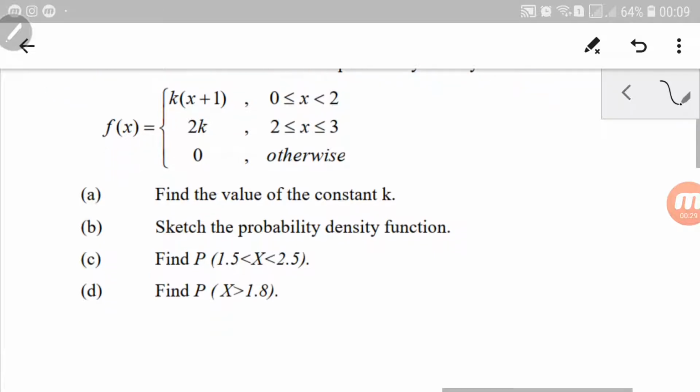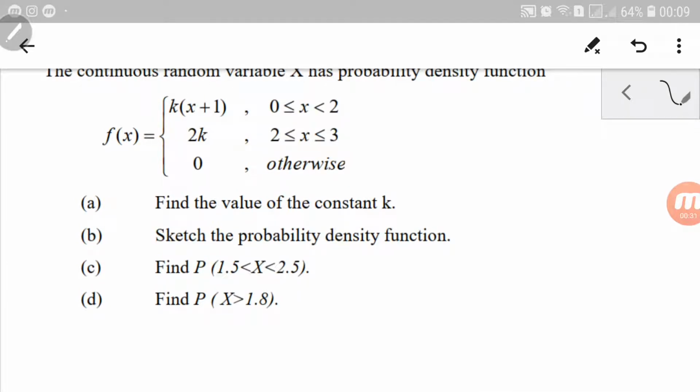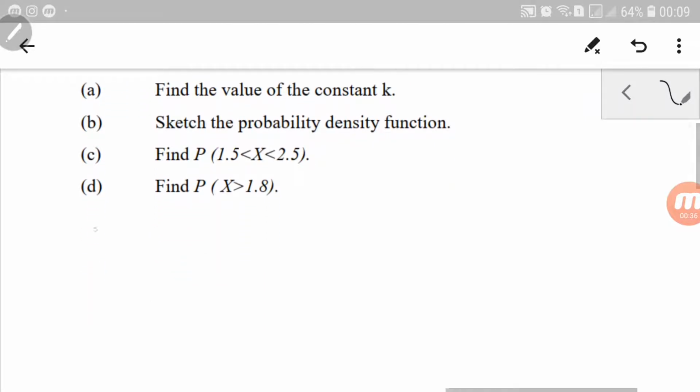Now, to find the value of constant k inside this piecewise, as I circled there, we just need to find the probability, the area under the graph over the domain from minus infinity until infinity.